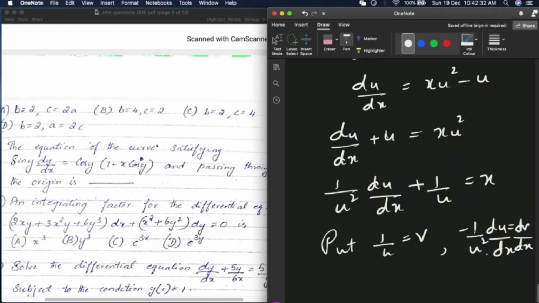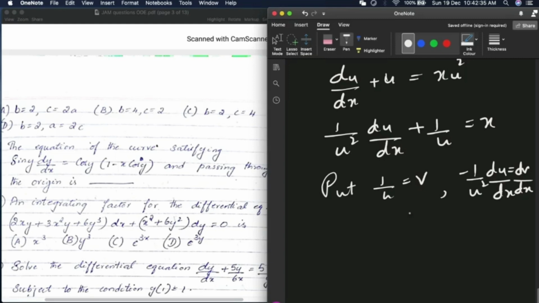Actually, you have done two substitutions. You have to remember it because you have to come back to the original solution. So it is minus dv by dx plus v is equal to x, or else dv by dx. Now it's linear.